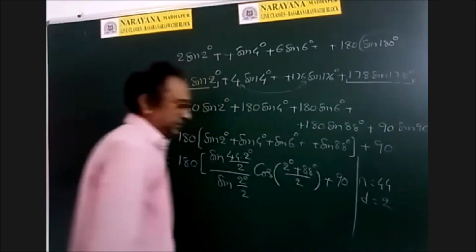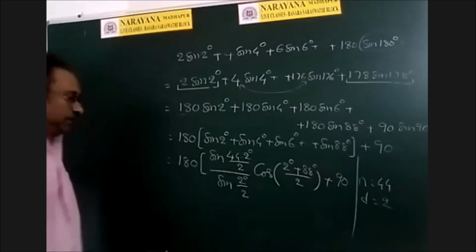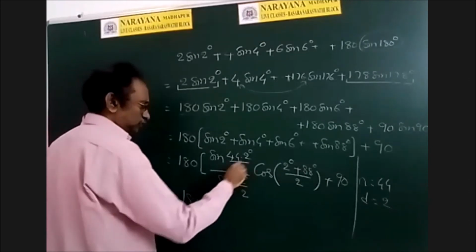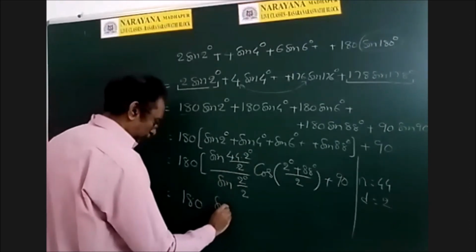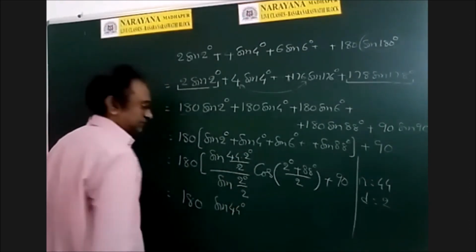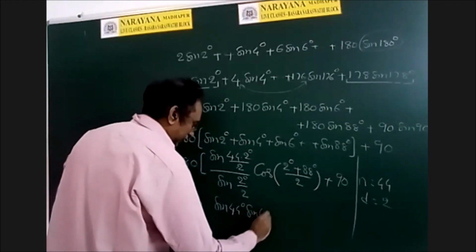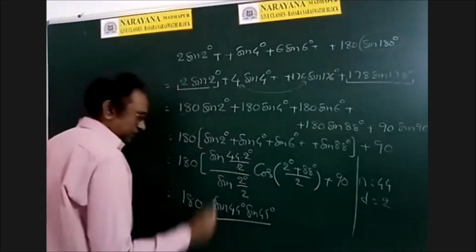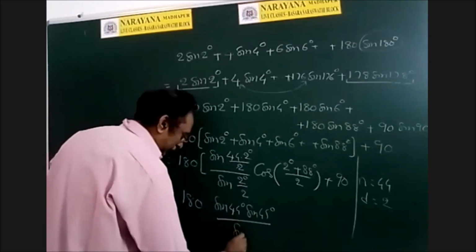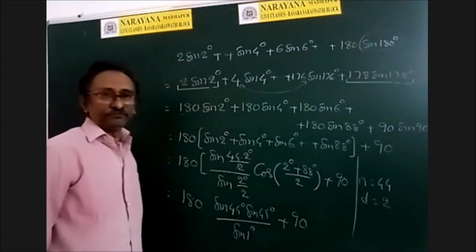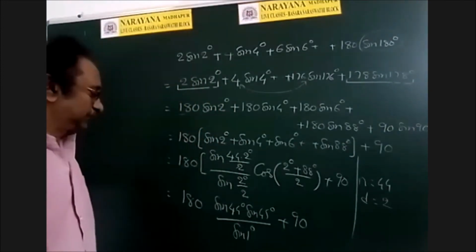So keep it like that, 90. And there is some simplification: 180, 2 cancelled. You will get sin 44 degrees. This is 90 by 2, 45. That is sin 45 degrees by sin 1 degree, plus 90. Write that. In the next step, you will get the answer.